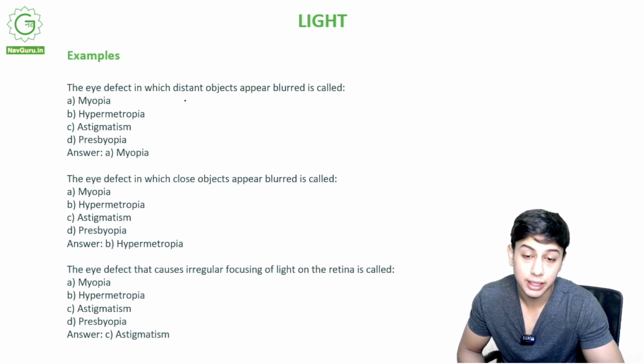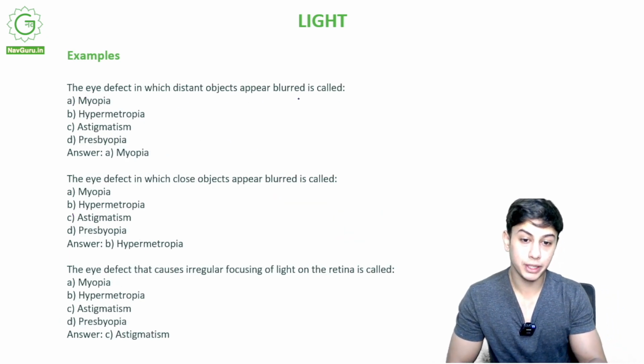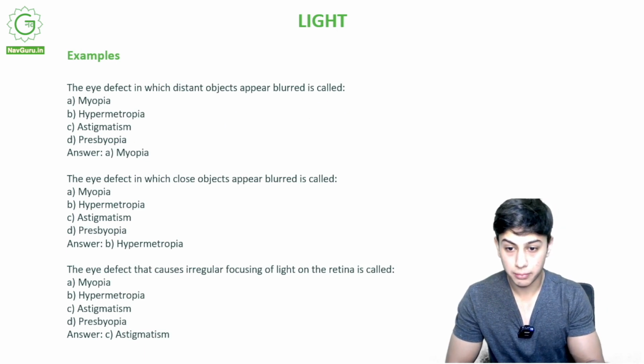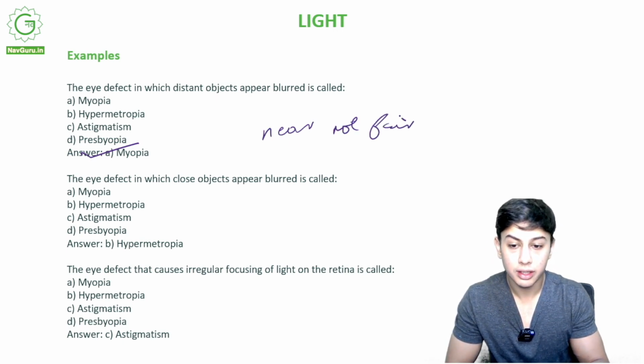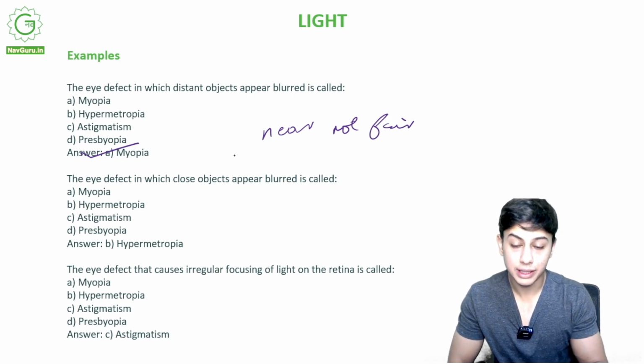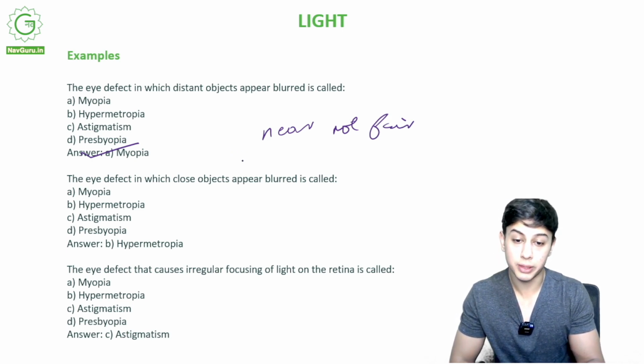The eye defect in which distant objects appear blurred is called myopia. You are able to see near, not far. Myopic, you can see short distance things but not long.